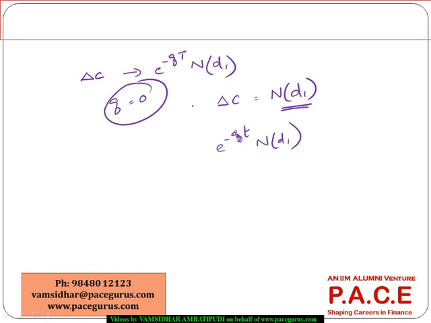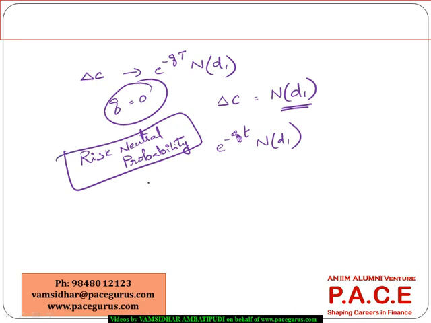But when I look at N of d2, I am simply talking about a risk-neutral probability: the risk-neutral probability that the option will expire in the money. Why risk neutral? Because if you remember, we made an assumption that mu minus q should become equal to r, where r is the risk-free rate.